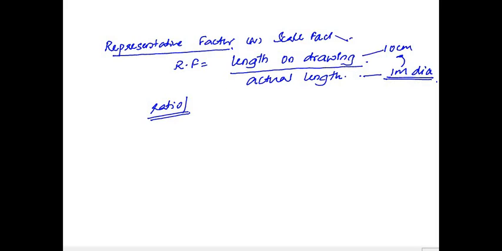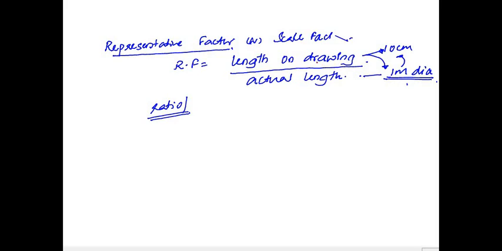So this is the length on the drawing, 10 centimeters, which is representing 1 meter on the ground or actual object, right? So the factor by which we are reducing or increasing the actual dimension, that is called the representative factor. Okay, so this we can write.